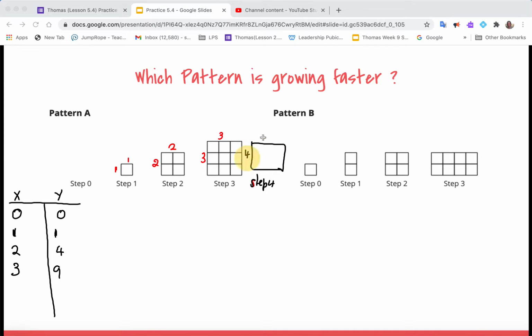So a 4 by 4, that would mean 16. And step 5 would be a 5 by 5, which would be 25.